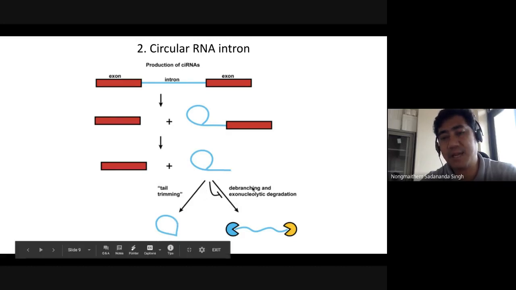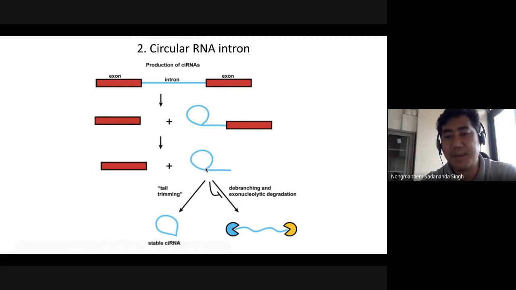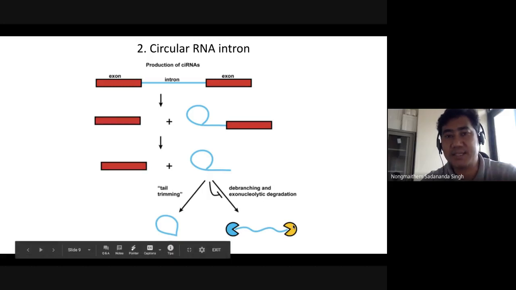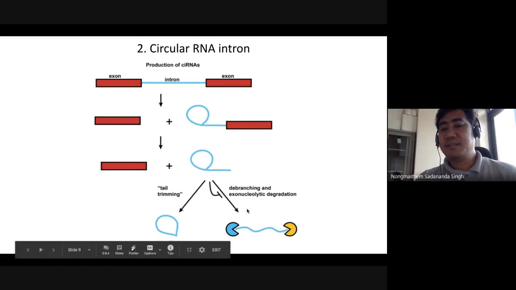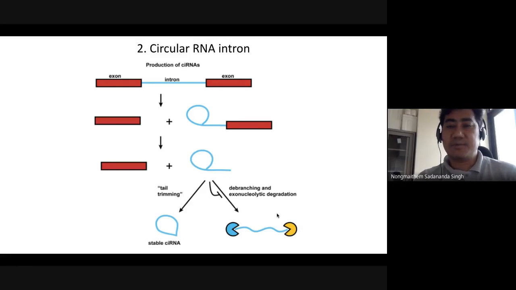But there are certain enzymes which would cut at the branching point of the splicing reaction. That's called the debranching step. It can cut here and become linearized. And this linearization provides accessibility to exonucleases, and it can be degraded faster. So circular RNAs can be much more stable than the linear RNAs.